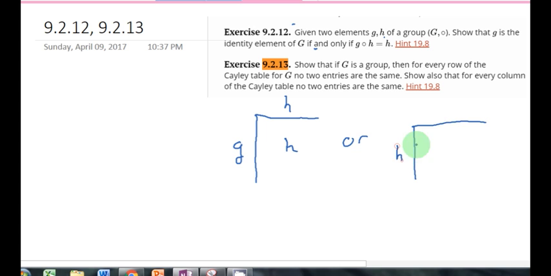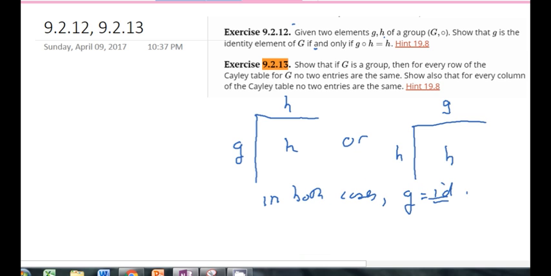If I have an element H here and an element G here, and the result here is H, in both of these cases, this means that G is the identity. So that's a very useful feature of Cayley tables that you can use in order to identify what element must be the identity of your group.